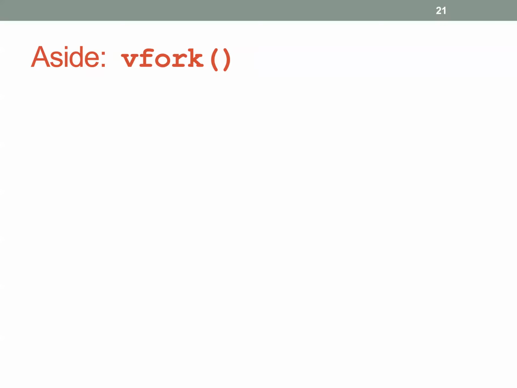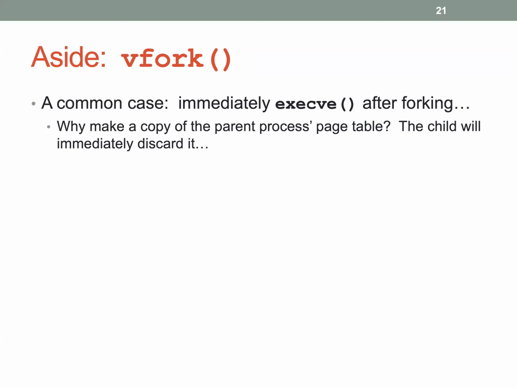And you may say to yourself, that's still too much work. And so there's another system function called vfork, and vfork does the fork, but the processes share the same page table. Like I say here, if we're going to fork and then exec, maybe you remember that from the first project because that's how the command shell works.